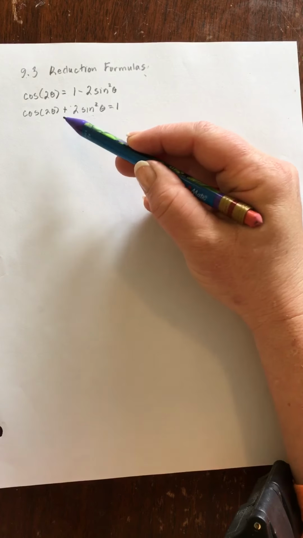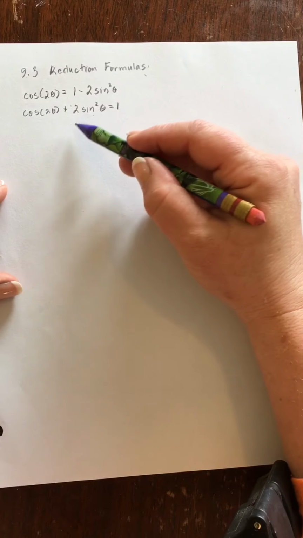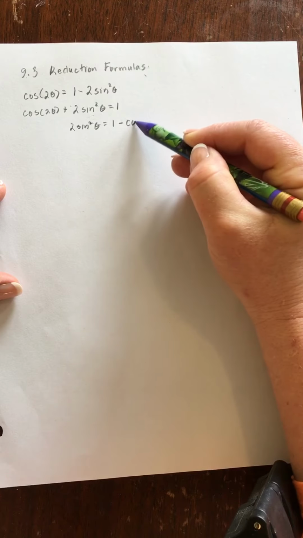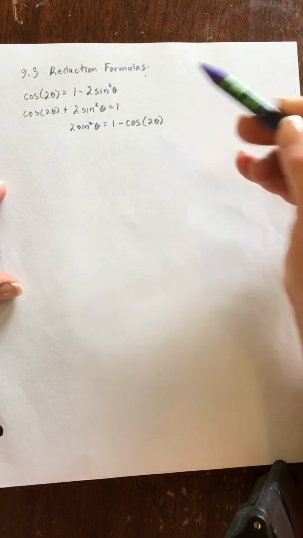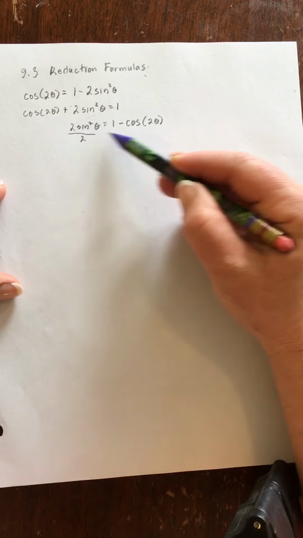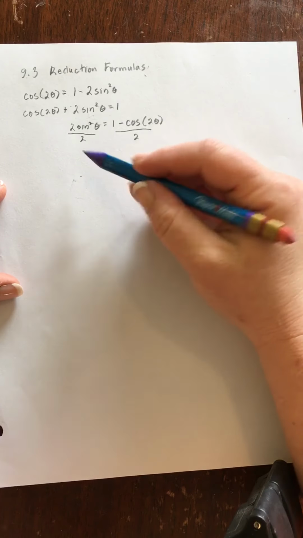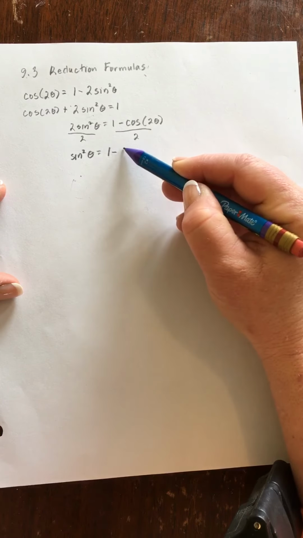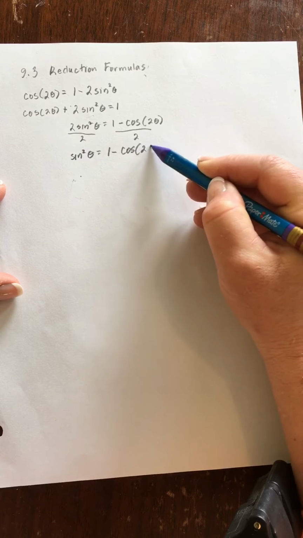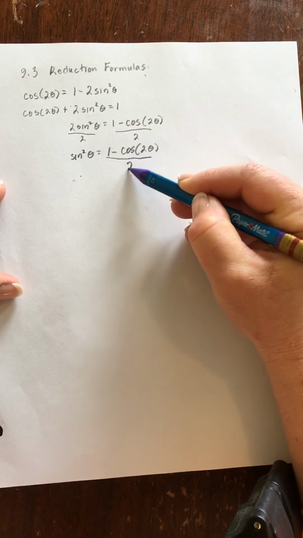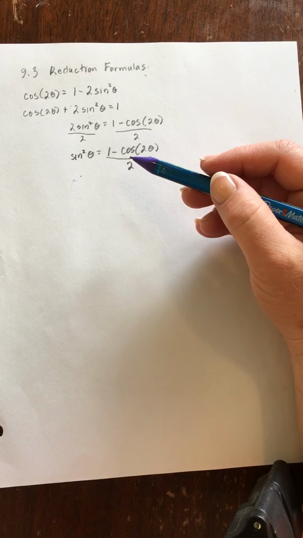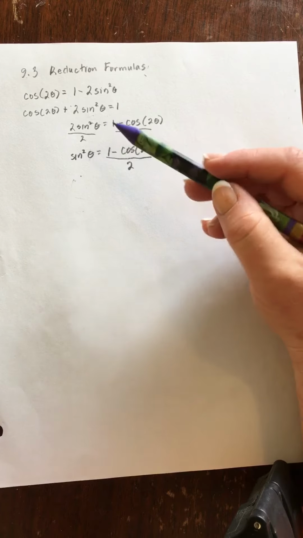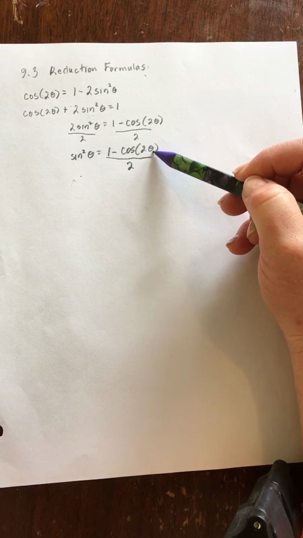So I get 2 times the sine squared of theta equals 1 minus the cosine of 2 theta. Then if I just want the sine squared, I divide by 2. So the sine squared of theta is 1 minus the cosine of 2 theta, divided by 2. That gives me my first reduction formula, or reduction identity. Sine squared of theta is 1 minus the cosine of 2 theta divided by 2.